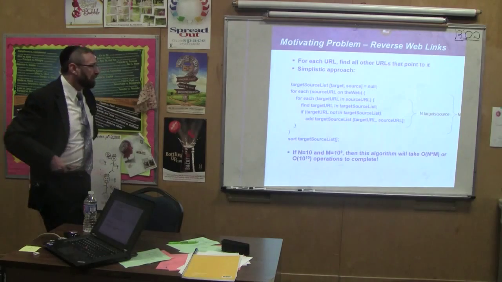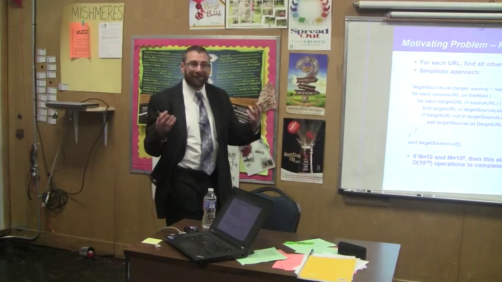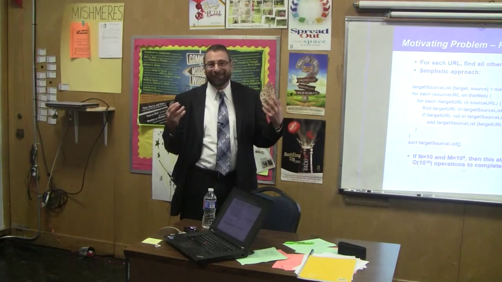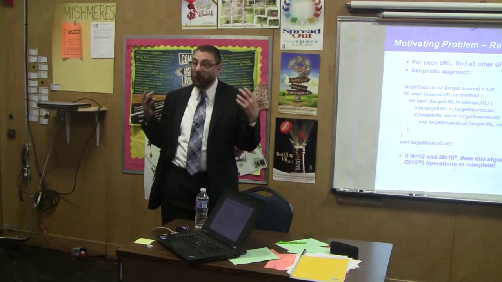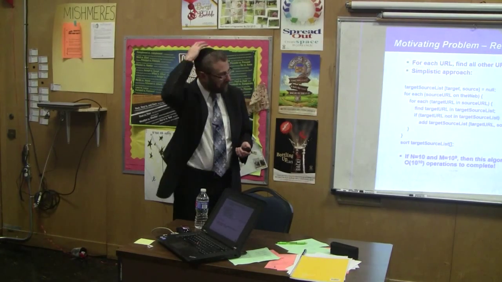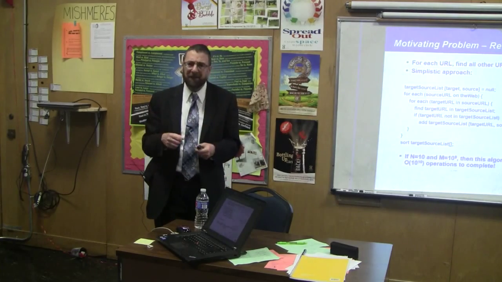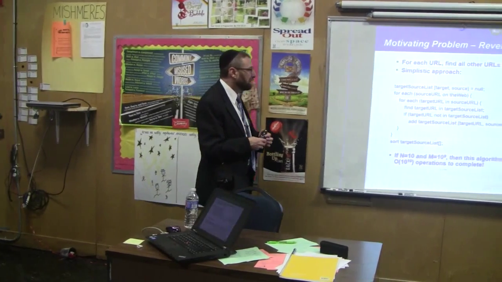So let's look at a motivating problem. I was talking about Google's problem of trying to index the internet and find out who is the most popular. That's not the only measure of which page comes up when I type in some term, but it's a very significant factor and something that they need to do.